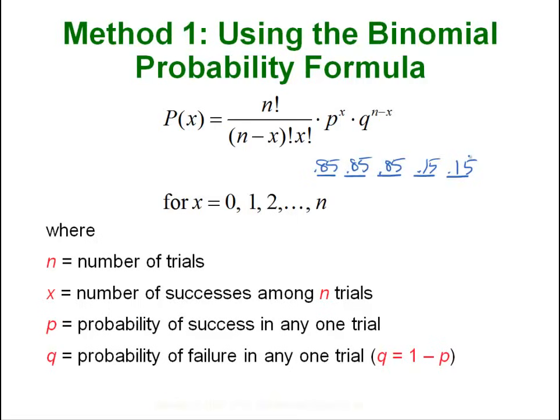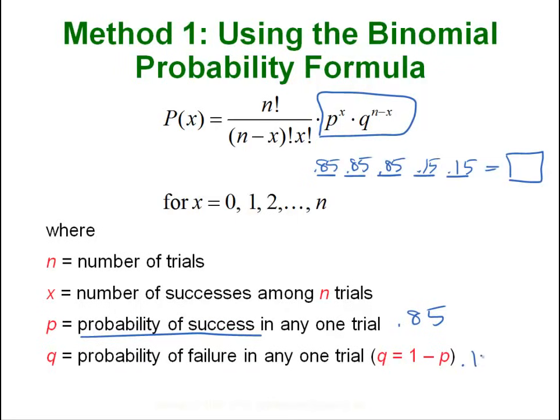Now look what we get. To figure out the probability that this happens, we always have to multiply our dashes. If you multiply all those together, that's going to give you a number that represents 3 who know what Twitter is and 2 who don't. And if you look at this formula up here, it ends up giving us this piece of the formula, because the probability of a success, our P, was 0.85 in this case, and the probability of a failure was 0.15.